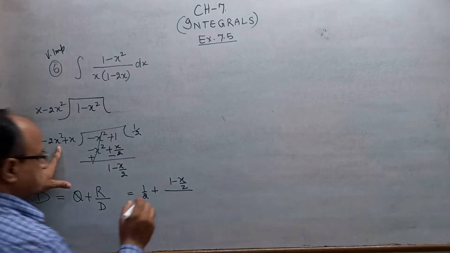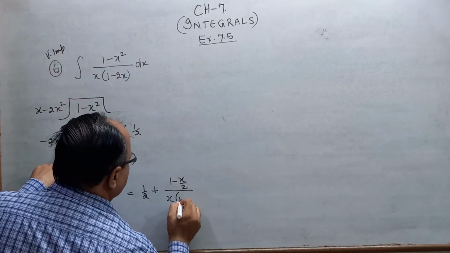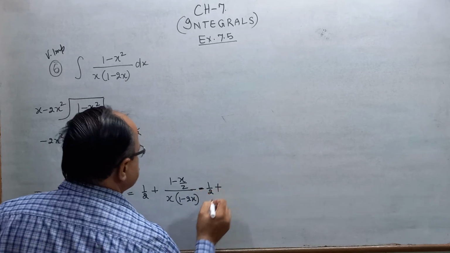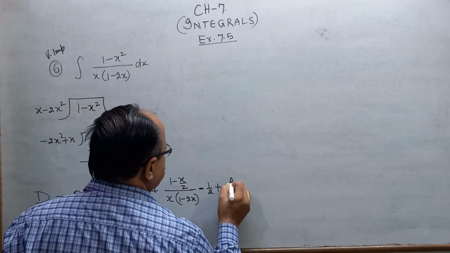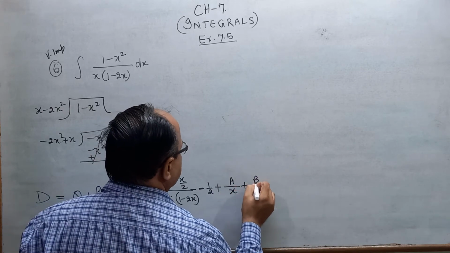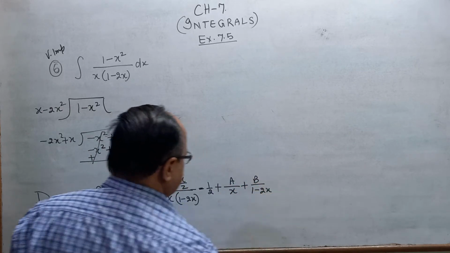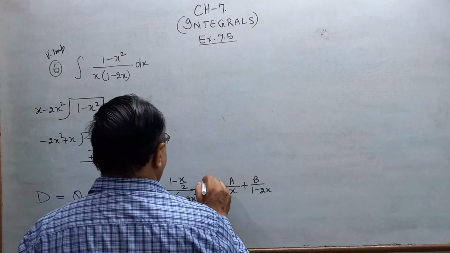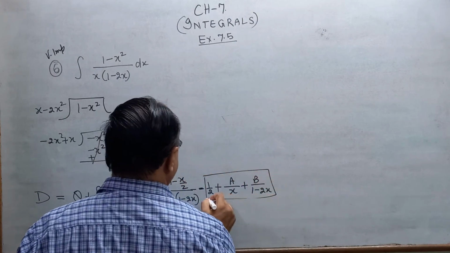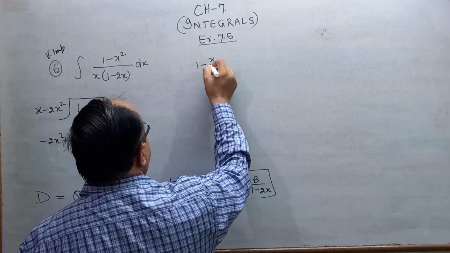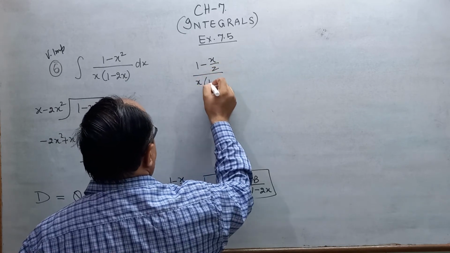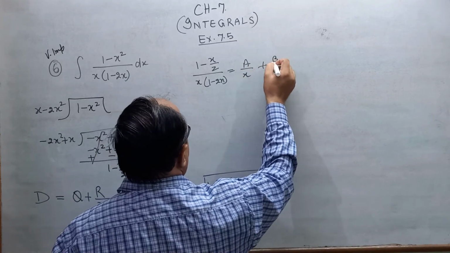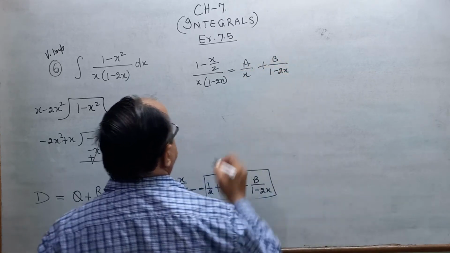Write the divisor in factor form: x into 1 minus 2x. You can write 1 by 2 plus, now use partial fractions, A upon x plus B upon 1 minus 2x. Firstly find the values of A and B, then integrate. 1 minus x by 2 upon x into 1 minus 2x is equal to A upon x plus B upon 1 minus 2x.